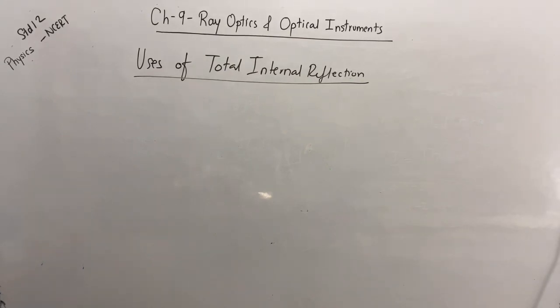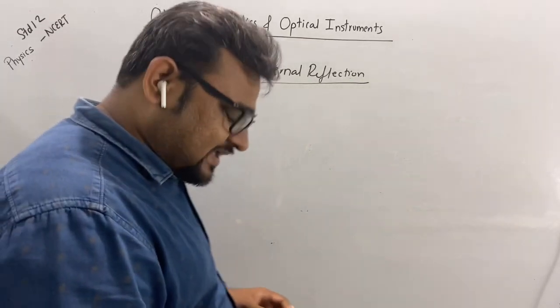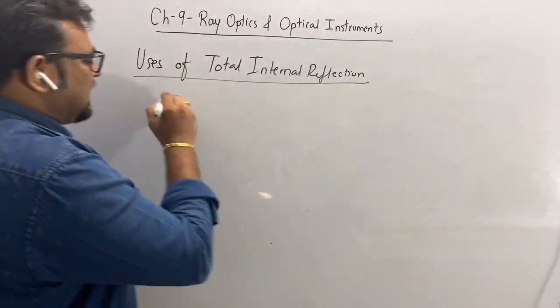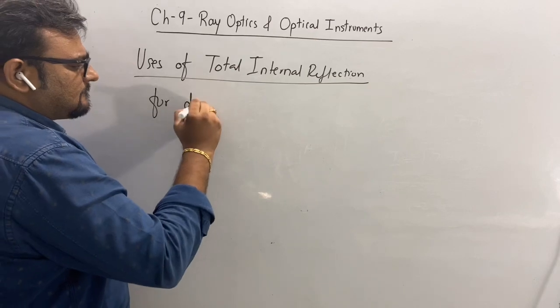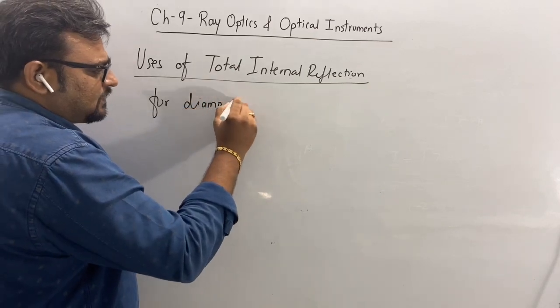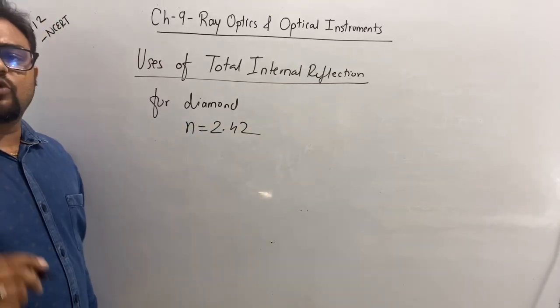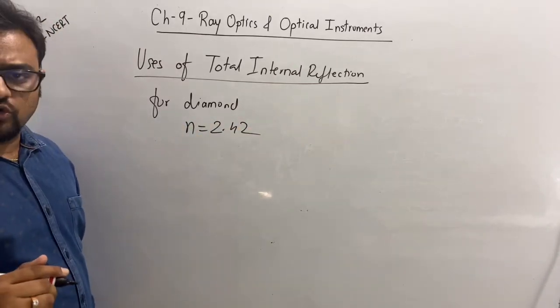The refractive index of diamond is 2.42. Clear?